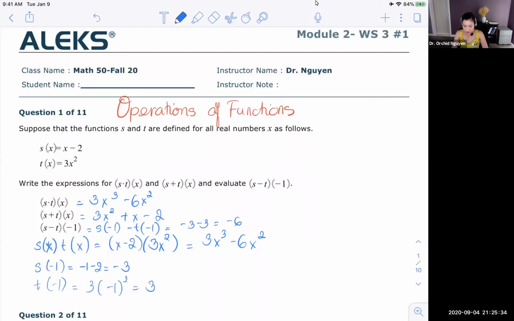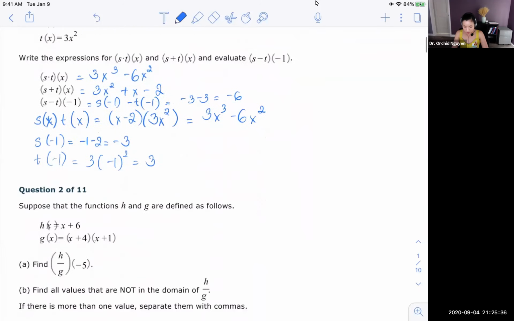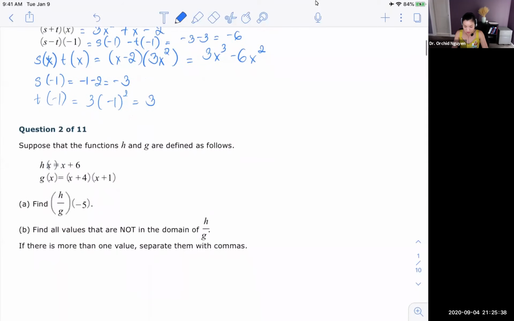Okay, straightforward. Okay, so all of these problems are quite easy. Division, you pretty much just divide them like this. The only thing I want to remind you is, let's plug the values in. So g of -5. Make sure the denominator is not 0.